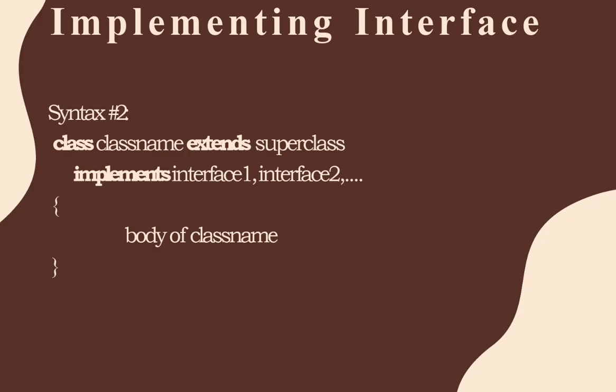You can either specify just one interface or you can specify multiple interfaces here. You can compare this with the concept of multiple inheritance, where one or two interfaces' properties can be inherited by one particular class. So this is what is happening here in this syntax.